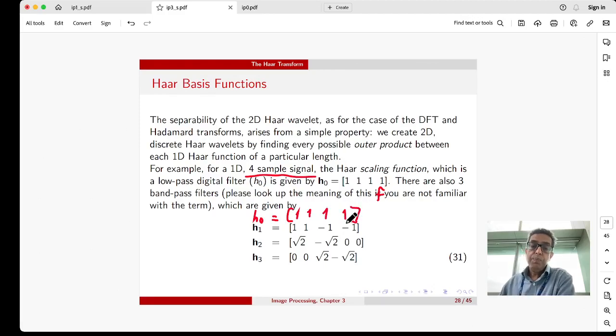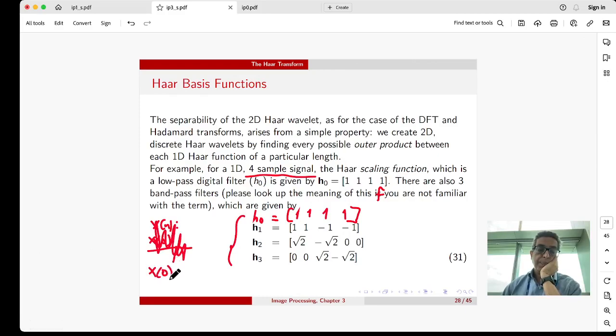Okay, so if I take my 4-sample signal, let's say I have x of n, which is my input signal, and let's say that has 4 samples. It's got x0, x1, x2, and x3.